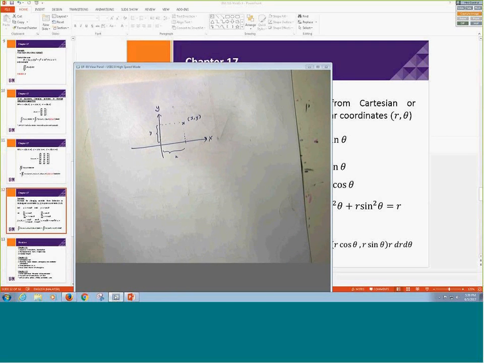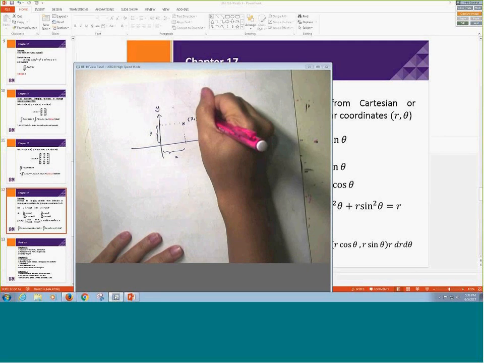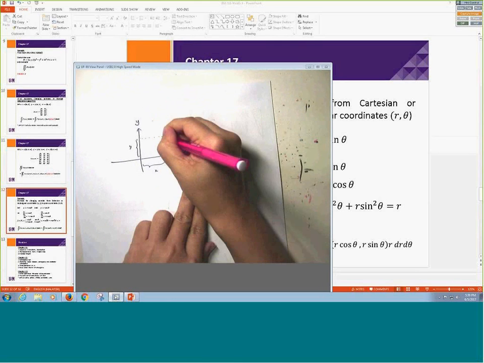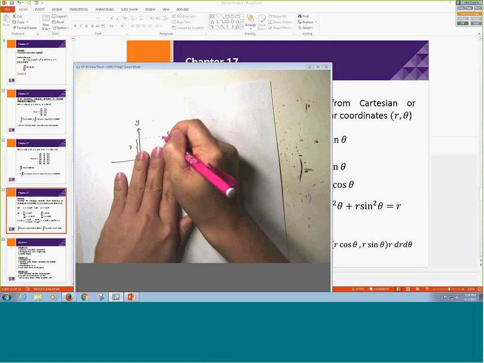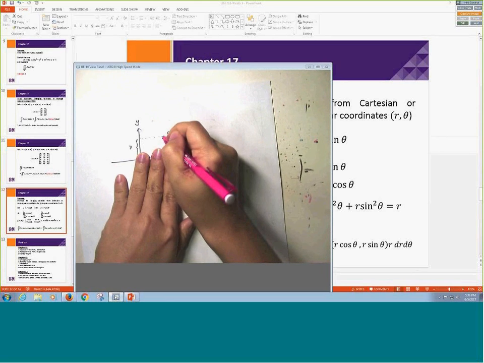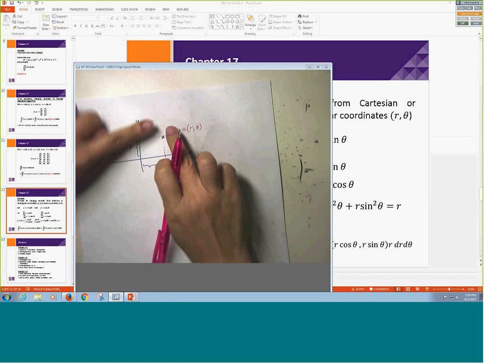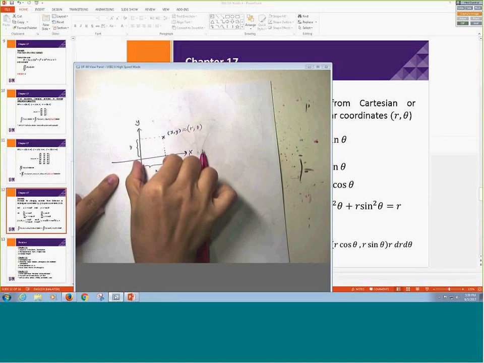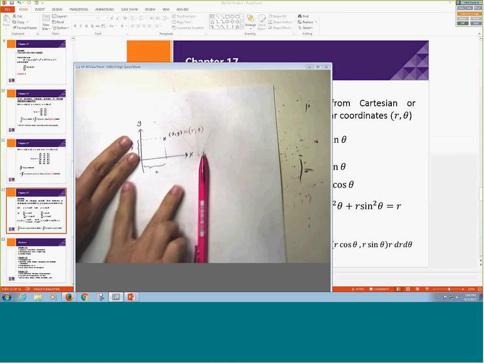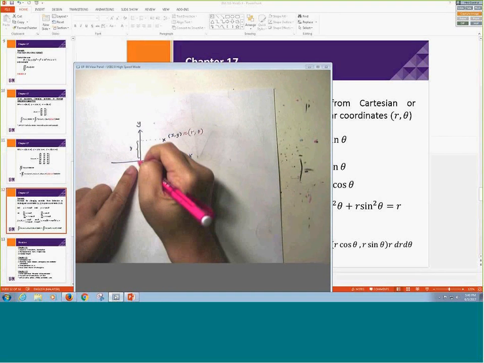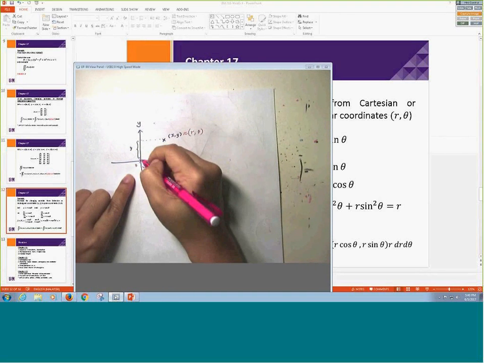Okay, now for the same point, we want to represent it using the coordinate r theta. This xy represents this point, and the r theta represents the same point, but they use different measurements. The measurement for xy is the distance from the x and y, in a straight line. R theta uses the distance from the origin to the point.